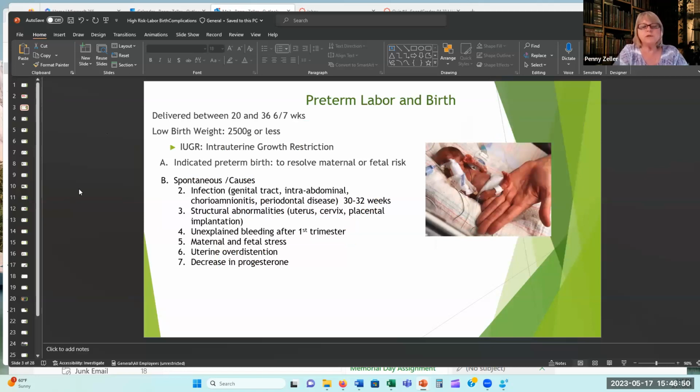Okay, so preterm labor are those labors, remember, that occur from 20 weeks to 36 weeks and 6 days. So if we have someone going into labor at that time, it's considered preterm. And remember that low birth weight is not necessarily a preterm baby.